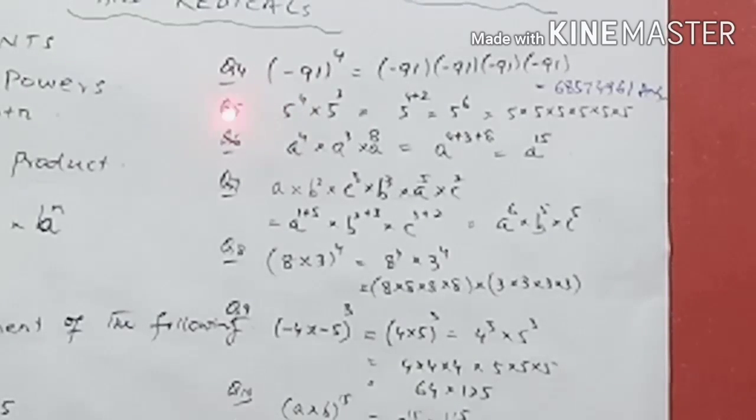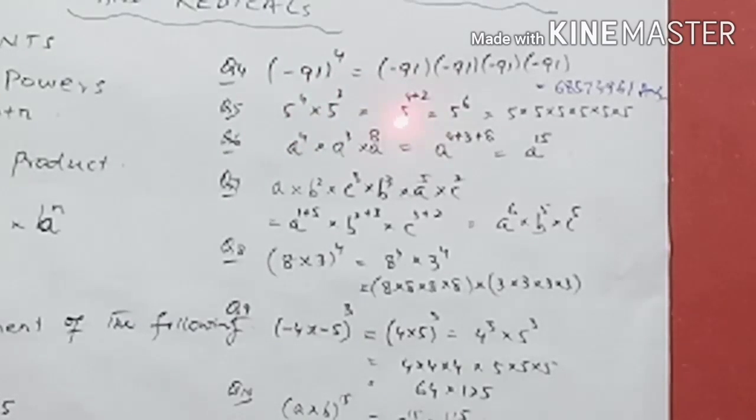Now come to question number 5. First we look at the question: 5 raised to power 4 multiplied by 5 raised to power 2. Both numbers are multiplied and have the same base 5. Therefore, according to the law, when bases are the same, powers are added.